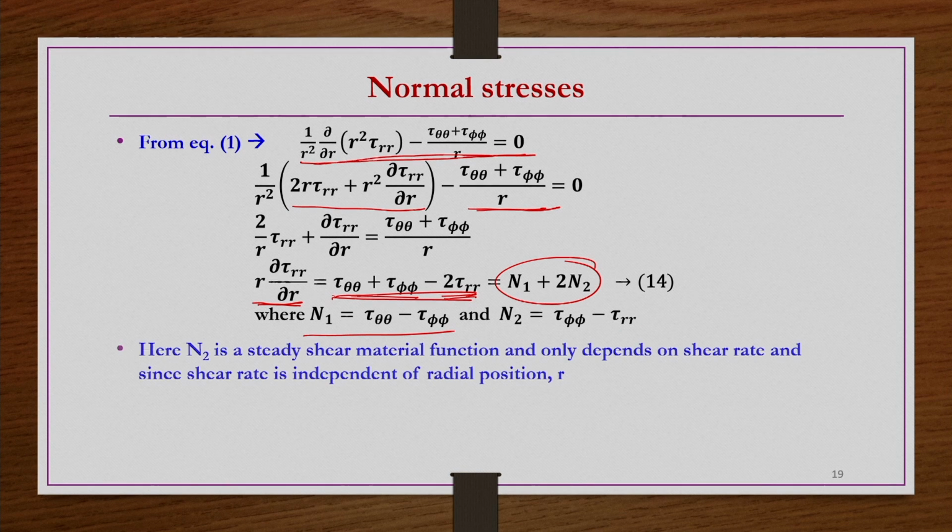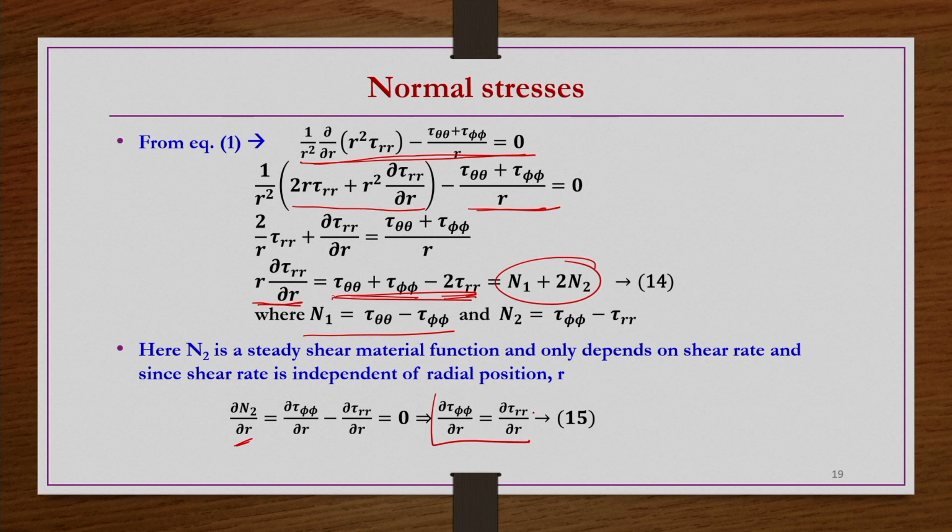Here N2 is a steady shear material function and only depends on shear rate, and since shear rate is independent of radial position, N2 will also be independent of radial position. That means dou N2 by dou r should be 0. So, dou by dou r of tau phi minus dou by dou r of tau r should also be 0.